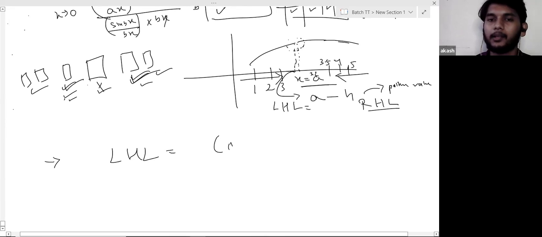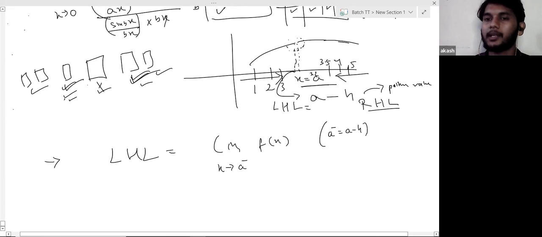LHL will be limit of that function where x tending to a minus. A minus means a minus h, where h is a very small positive quantity. We are reducing a by a very small quantity. That is why a minus. We reduce things. LHL, left hand limit. Right hand limit: limit x tending to a plus.